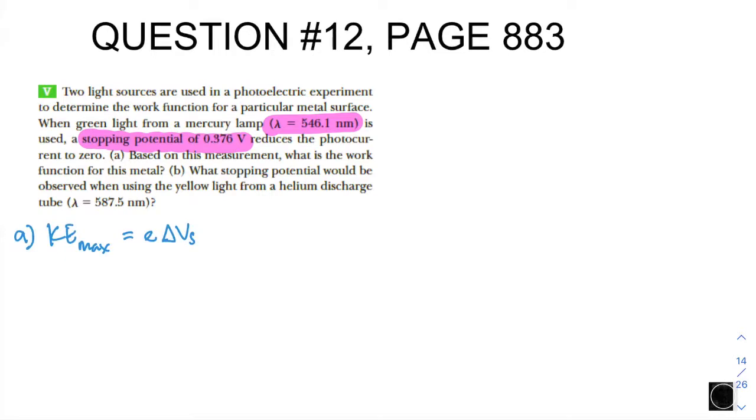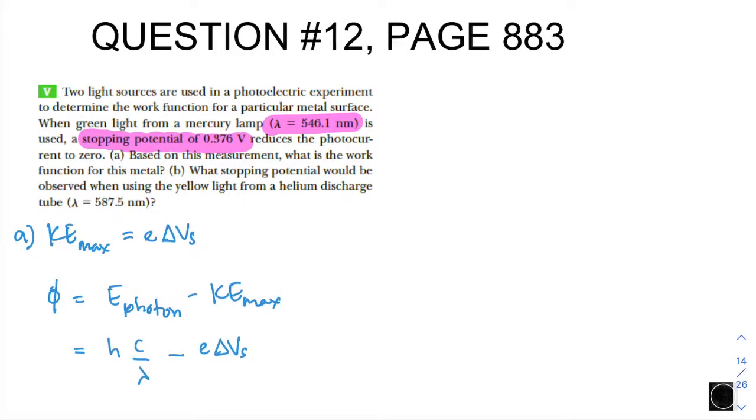So the equation from the photoelectric effect will give us information about the work function. The work function of this metal can be figured out by using this formula: E photon minus Ke max. The E of the photon itself is hc over lambda, minus e delta Vs.